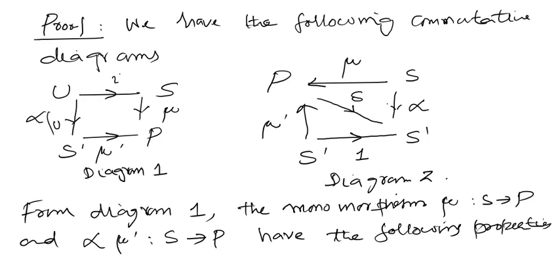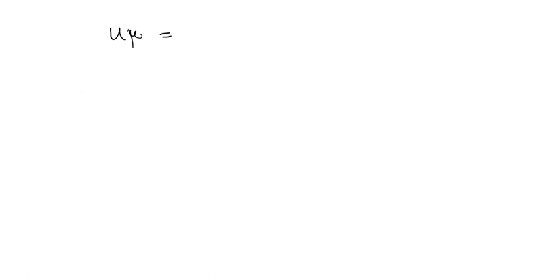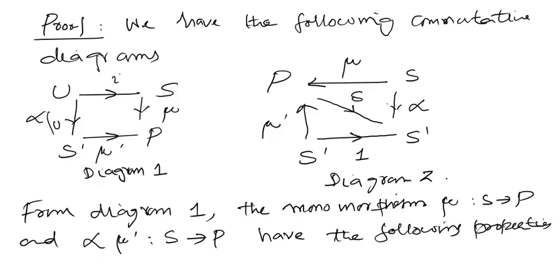U mu is equal to, now see this from the diagram. What is this equal to? U mu. So this U mu is equal to I U mu. It is equal to U I mu because I of U is U. But from this diagram, this I mu, from diagram 1, is equal to alpha composition mu prime.